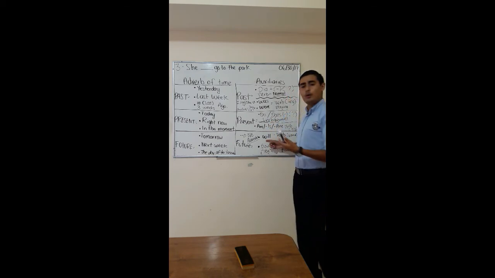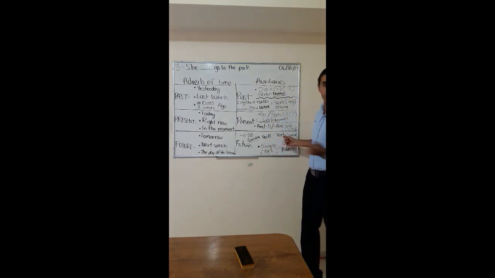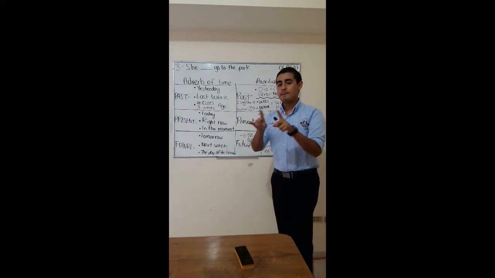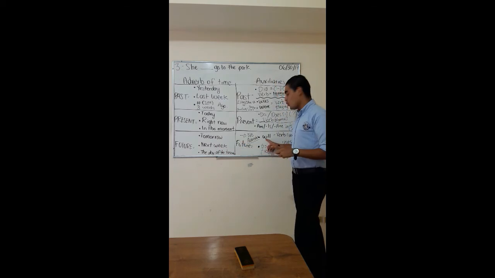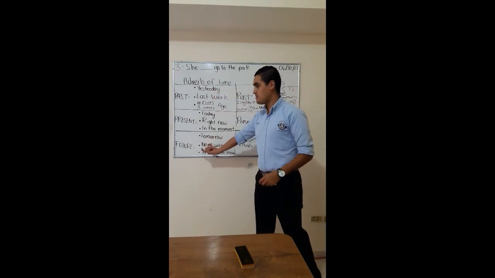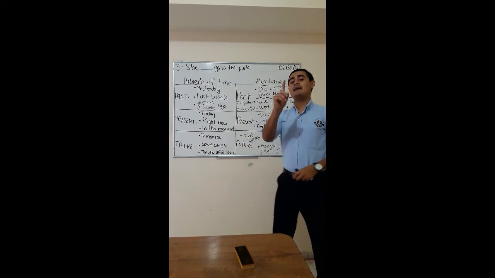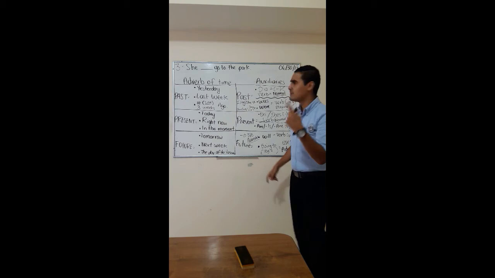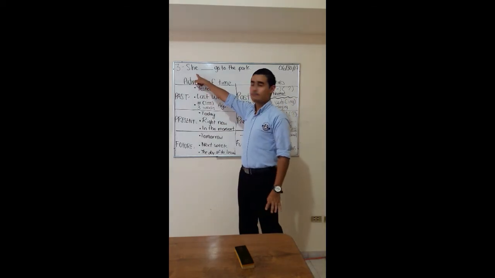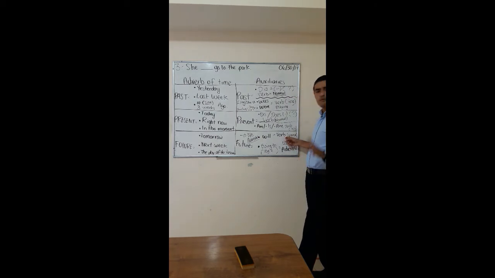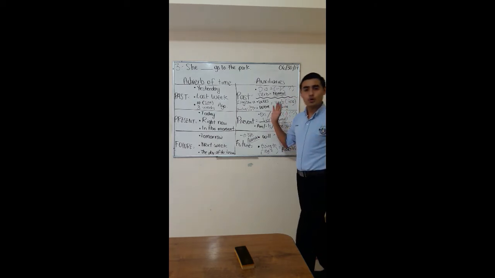We have will, and the verb is normal, and going to, it's also normal. But the difference is, pero la diferencia es, will does not use adverbs. Going to, it uses the adverbs. Utiliza los adverbios. So here, let's check it out. She, go, okay, the verb, normal. For example, will, normal. Going to, normal.